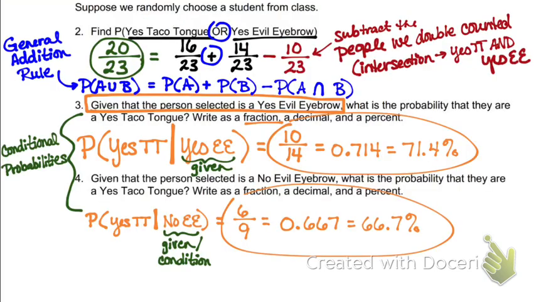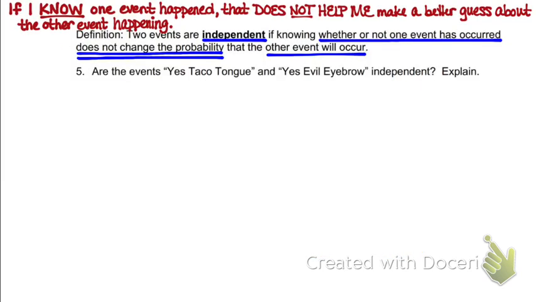What'd you say? There's a better chance. If I know for sure they can evil eyebrow, 71% chance they can taco tongue. If they can't evil eyebrow, is it this high? No. So I can make a better guess with this information. I would say that no, these are not independent.